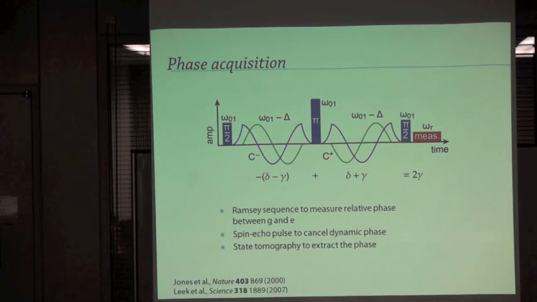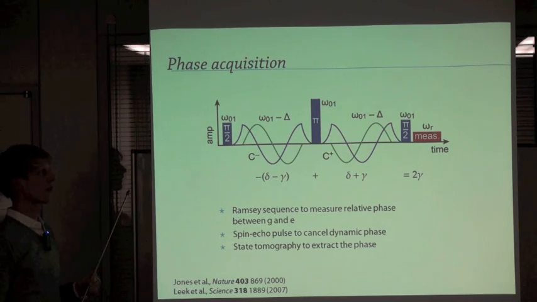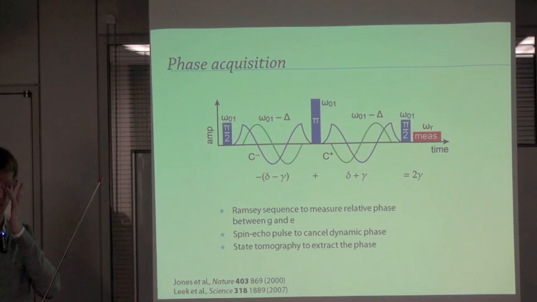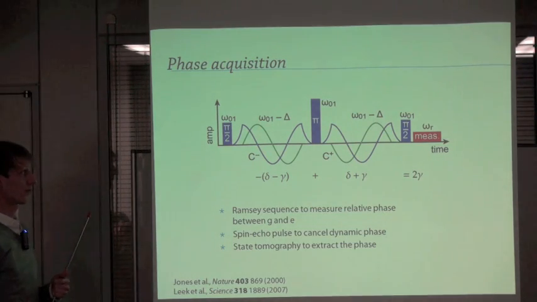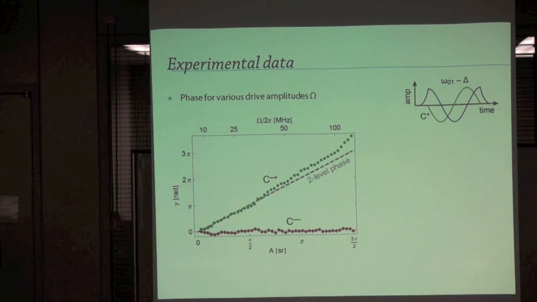And because we want to reconstruct the state of the qubit on the Bloch vector, what we actually do is we perform state tomography. So we repeat the sequence, measuring each time a different component of the qubit, and then finally have determined its location on the Bloch sphere, from which we can extract the phase. That's what it looks like when you measure it.